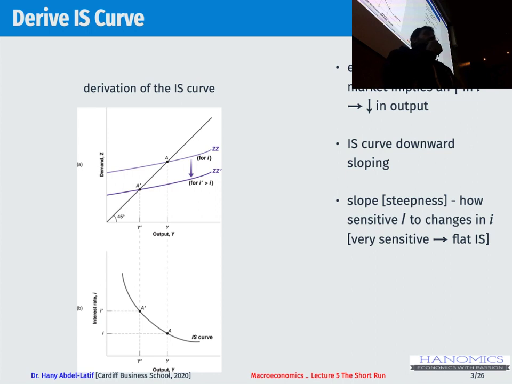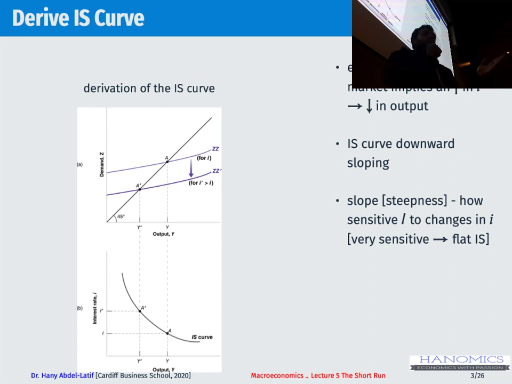In the first part of the lecture today, we understand now that in the IS-LM model we will have two curves. One is the IS, which represents equilibrium in the goods market. And the LM.